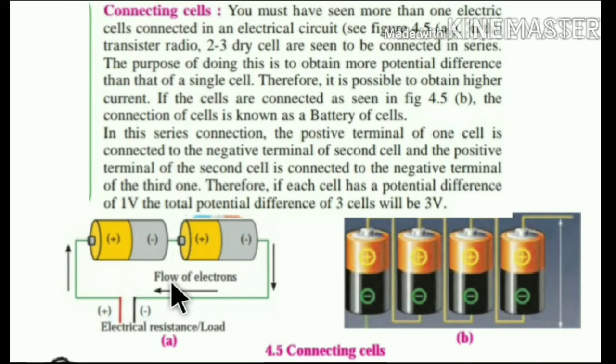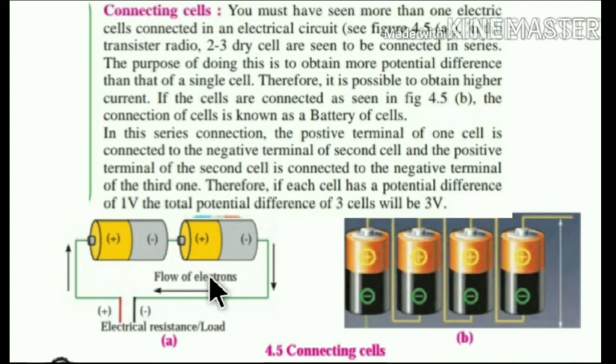The purpose of doing this is to obtain more potential difference than that of a single cell. Here, two cells are connected and that gives more potential difference than a single cell. By this, it is possible to obtain higher current.